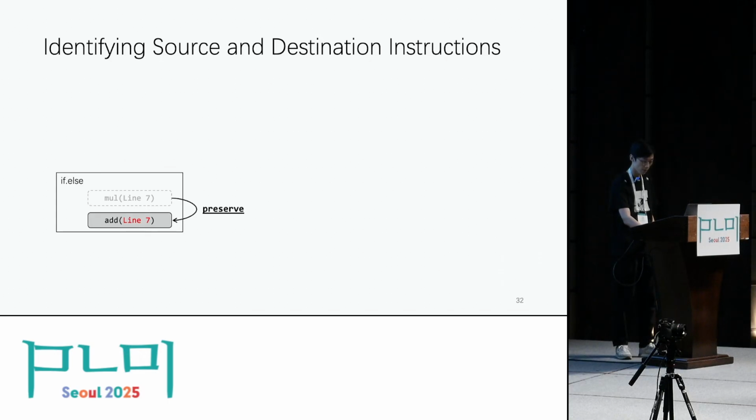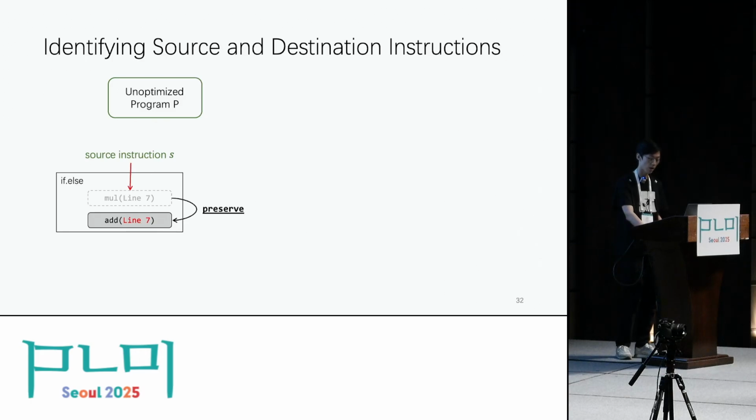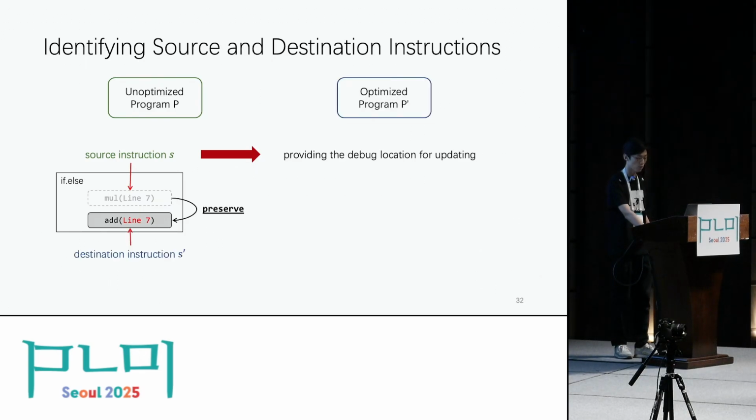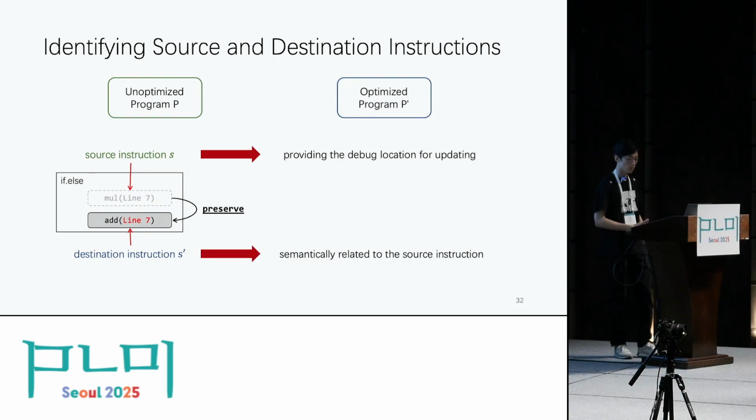In the previous example, we showed an update using the update operation preserve. In this example, we can see that the source instruction add from the unoptimized program is the instruction providing the debug location for updating. The destination instruction add prime from the optimized program is the instruction semantically related to the source instruction.